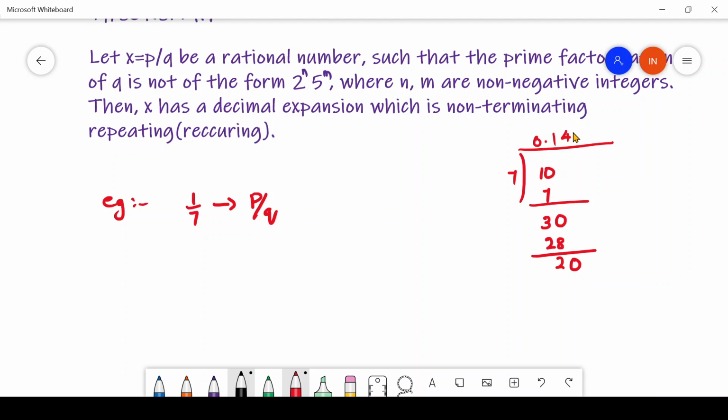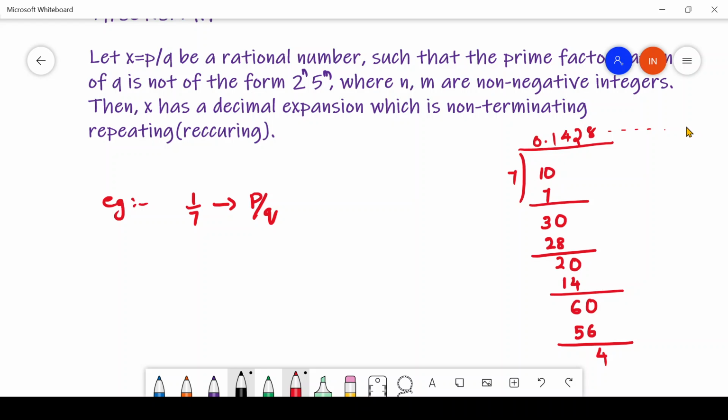You can see here 2 times 14, then 6, 0. How many times? Yes, 8 times 56. So again you will get 4. So what do you see here? It is not ending, right? It is repeating or non-terminating. It is going on when we divide this.